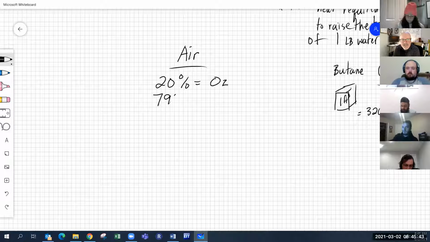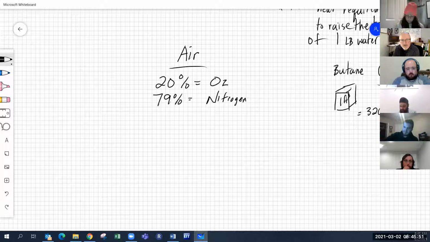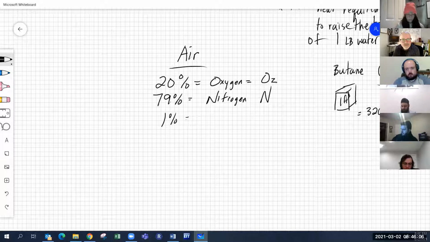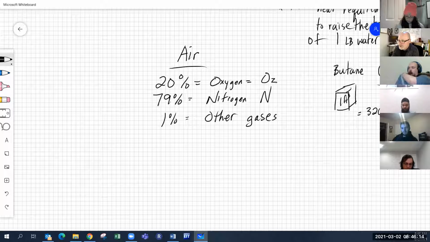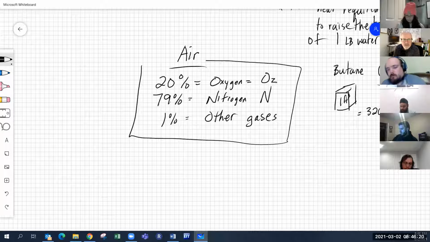It's about 79% nitrogen, by the letter N. Oxygen, and we write that as O2. And 1% other gases. And those other gases are carbon dioxide mostly and other things. So this is what air is made up of.